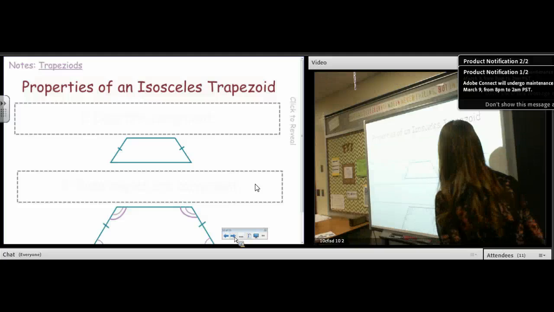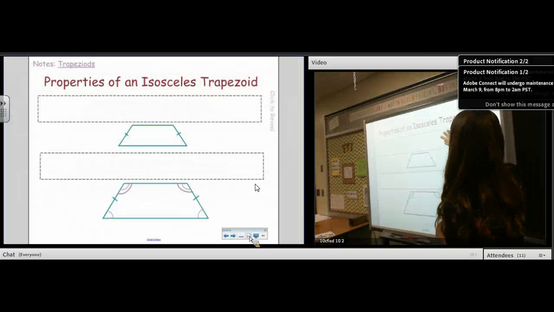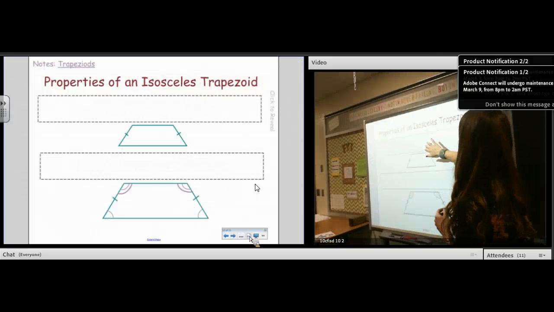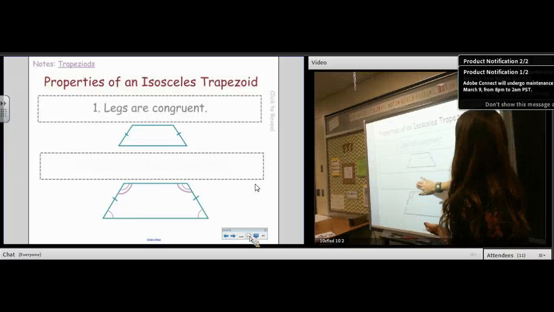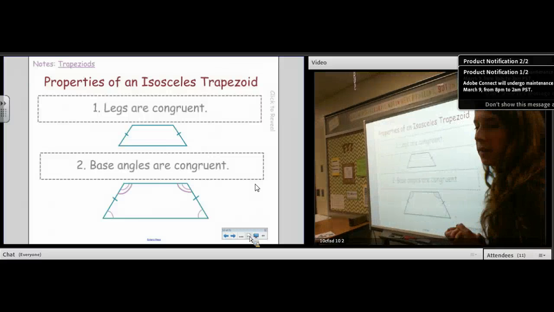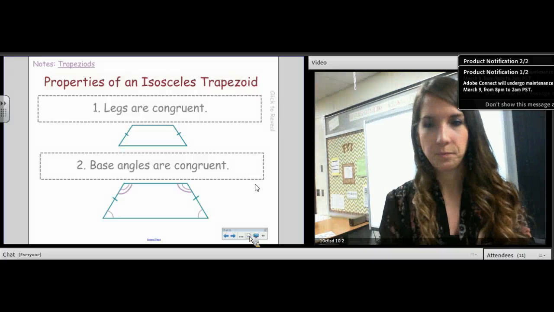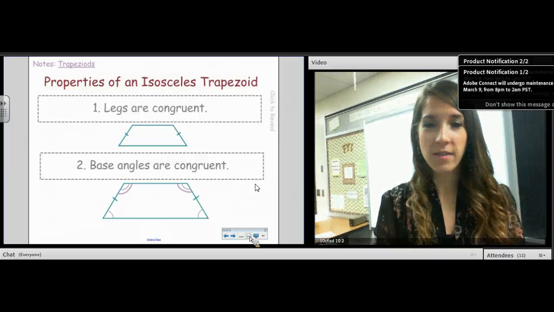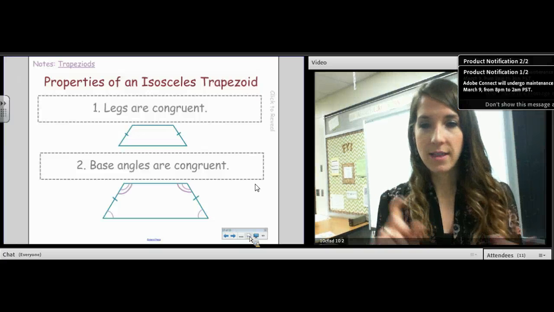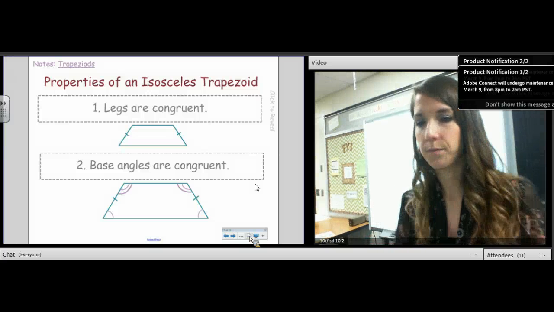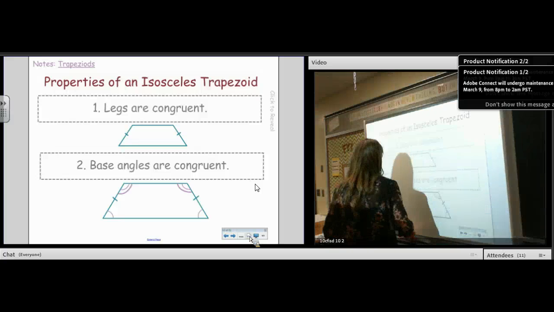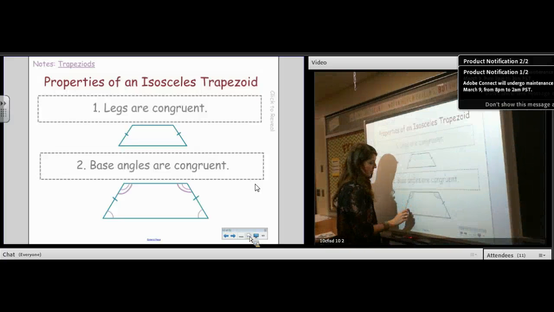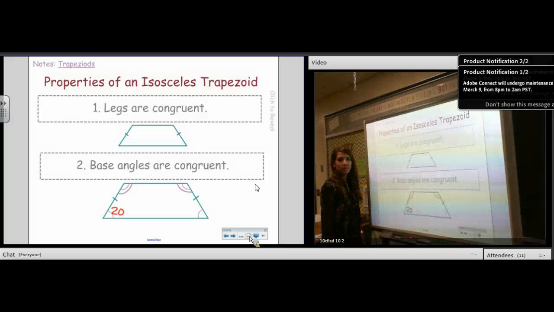So here we go. We have to move fast because I still have to teach you kites too. Okay, boom. Legs are congruent. Boom. Base angles are congruent. So write those down. Lots of things are congruent in an isosceles trapezoid. The legs are the same length and the base angles are the same measure. So, let's say this angle is 20.